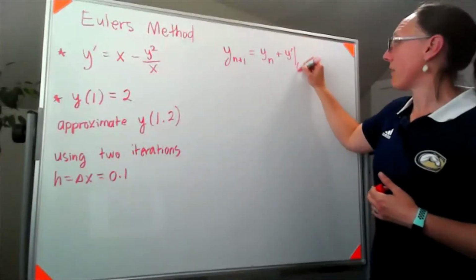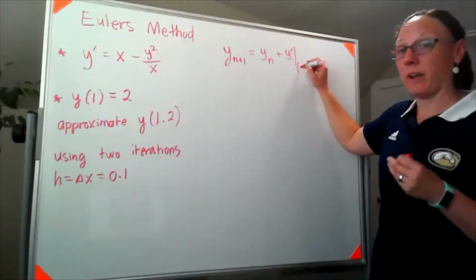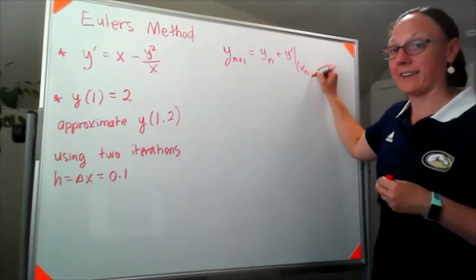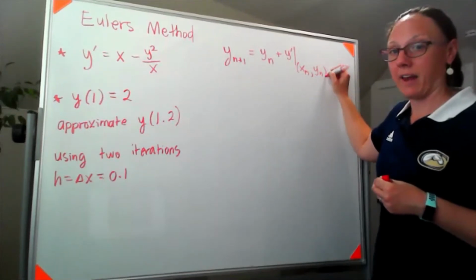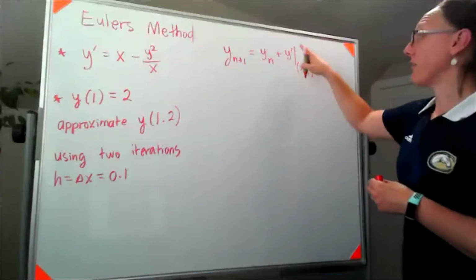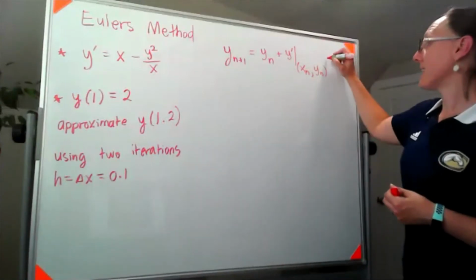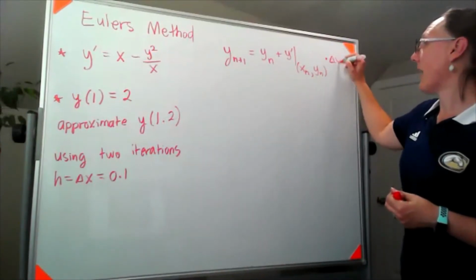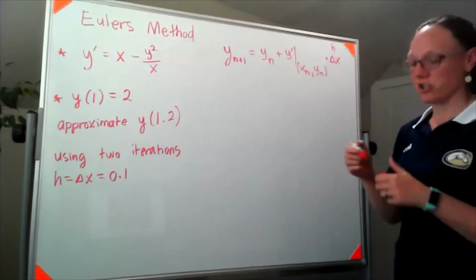That's my derivative evaluated at the point I'm currently on, x sub n, y sub n, times our delta x, or h.